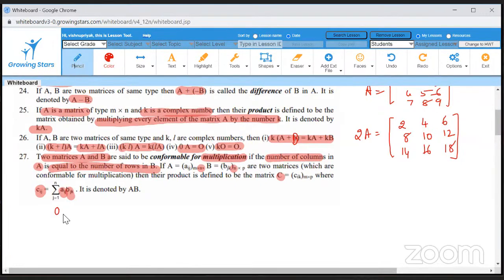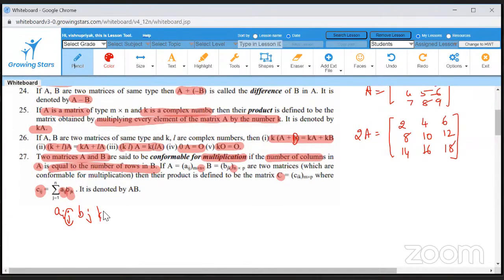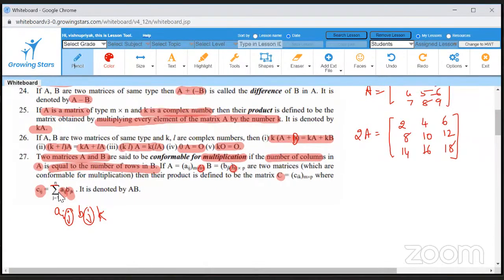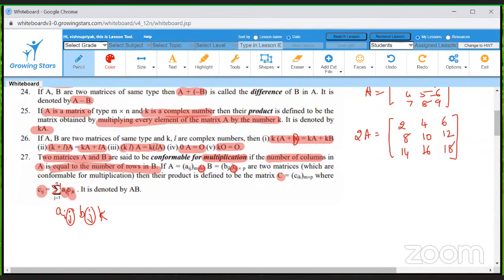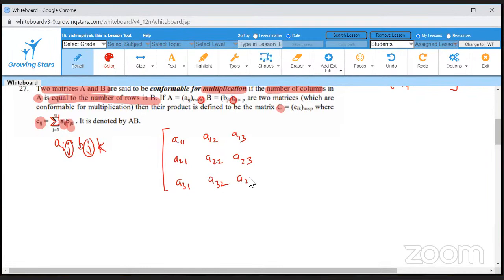See, in Aij, Bjk, column, row, here also column, row, same. Like that, you have to multiply the elements, and sigma means addition. For example, I will tell you. Suppose you have A11, A12, A13, A21, A22, A23, A31, A32, A33.